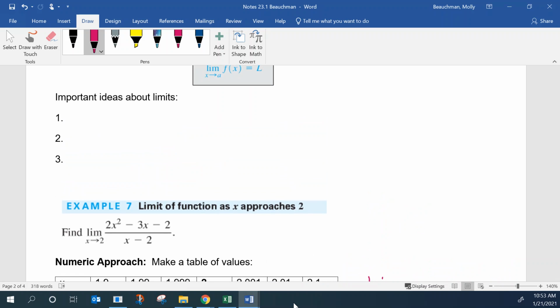So important ideas about limits. First of all, to find a limit, see if you can substitute x into f of x to get y, to get your limit. If that doesn't work and it's undefined, see if you can simplify using algebra.